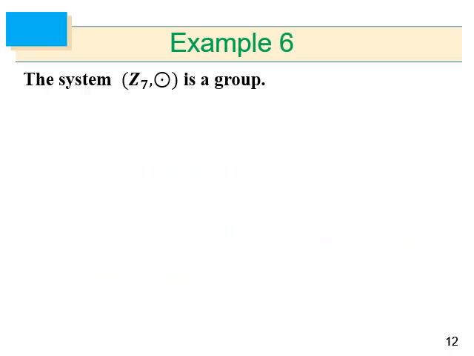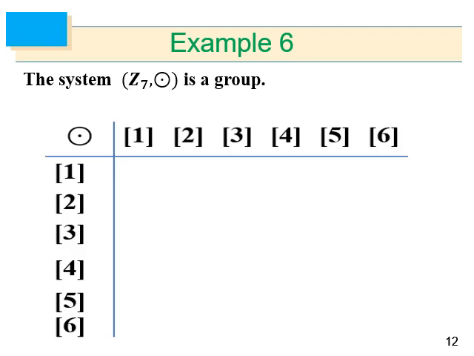Example 6. The system consisting of the set of congruence classes modulo 7 and the product is a group.